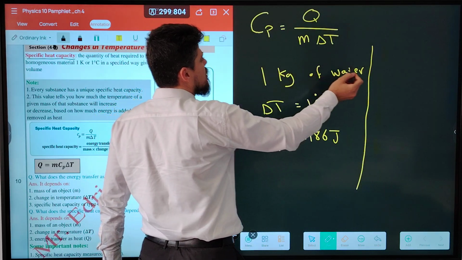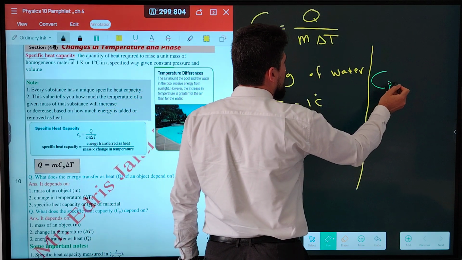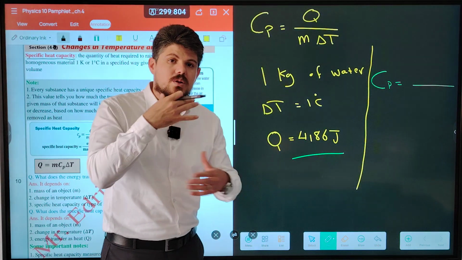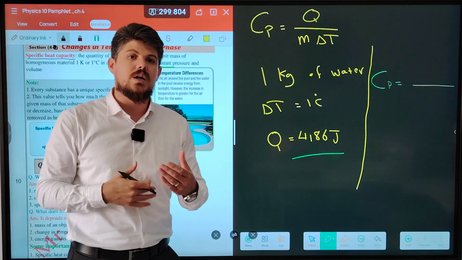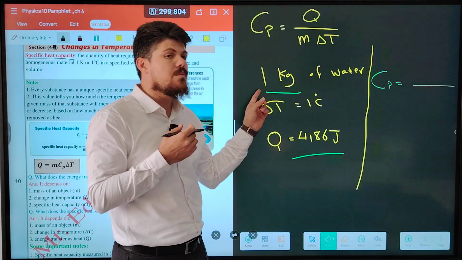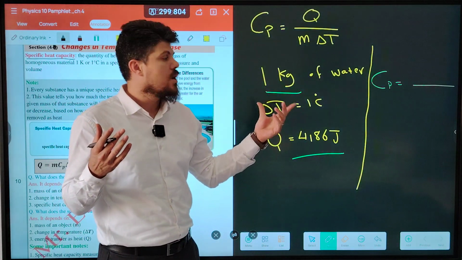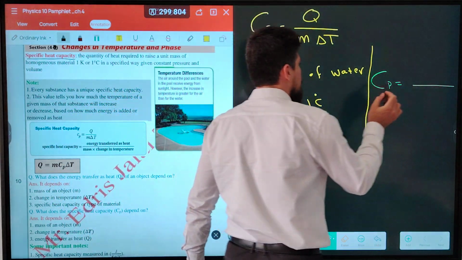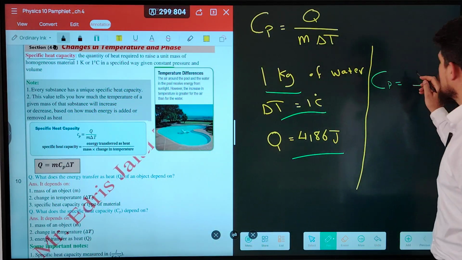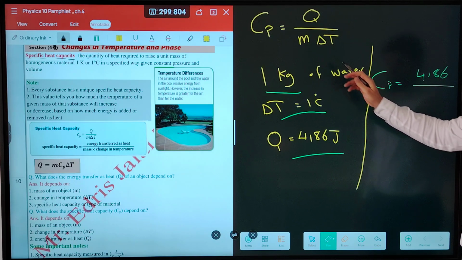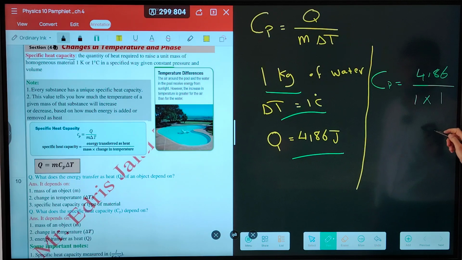If you replace into this equation, Cp is equal to what? Q is the amount of energy being added to the substance, water, 1 kilogram, to increase the temperature by 1 Celsius. So Q is 4,186 over mass 1 kilogram times change in temperature 1.